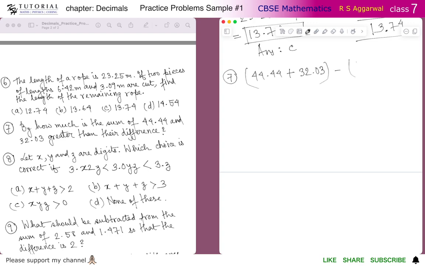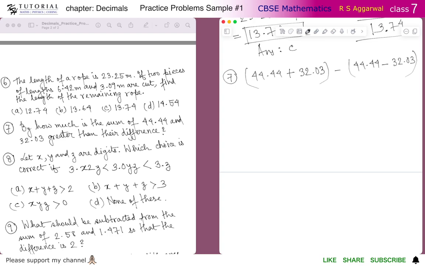Now their difference is 44.44 minus 32.03. Basically we have to evaluate this. Now when you see this kind of simplification, always first check if any decimal values are cancelling or not. This is the sum of the two values, and this is the difference of the two values.